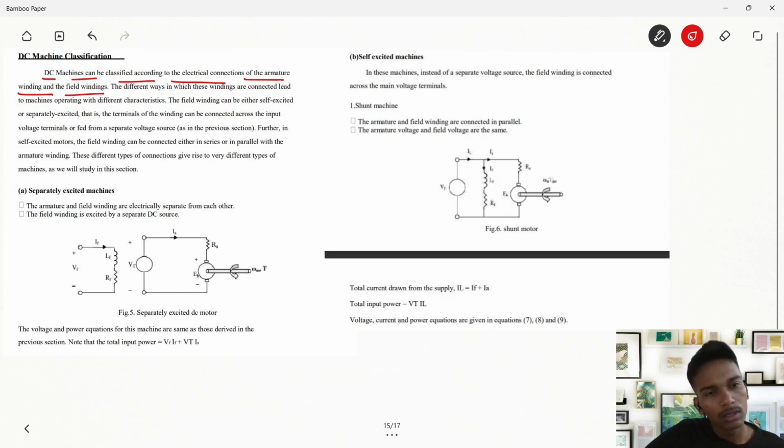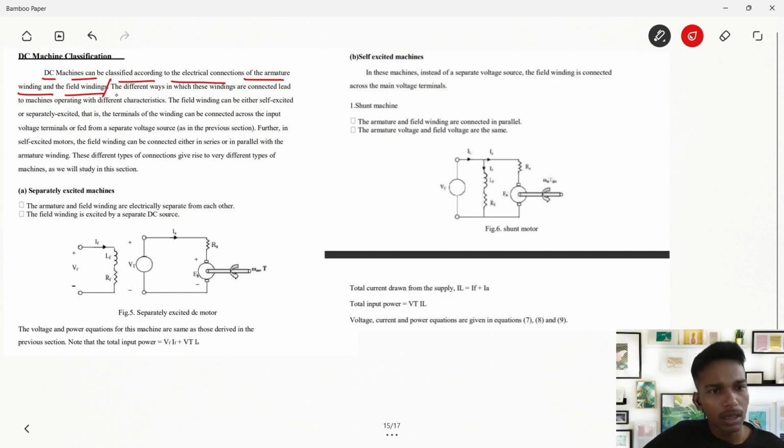This single statement defines the whole classification and what we are going to discuss in this video. Just keep in mind, these machines can be classified according to the electrical connection of the armature winding and field winding. This is the major point.